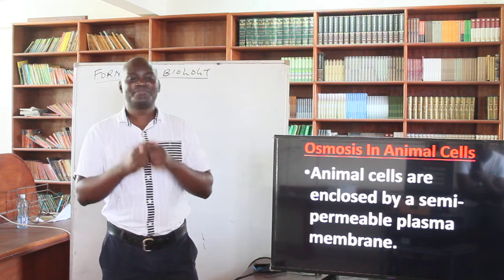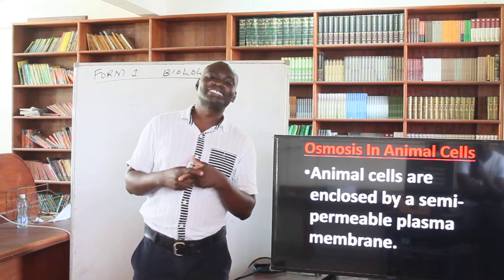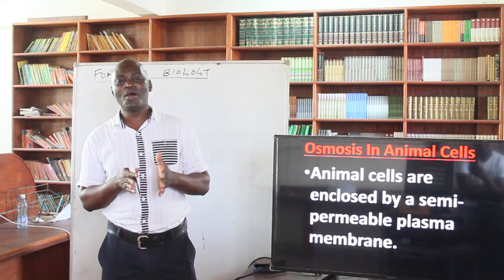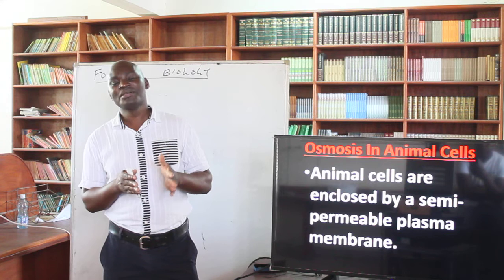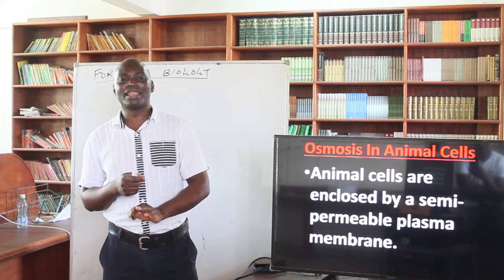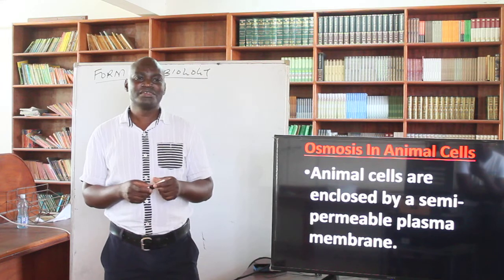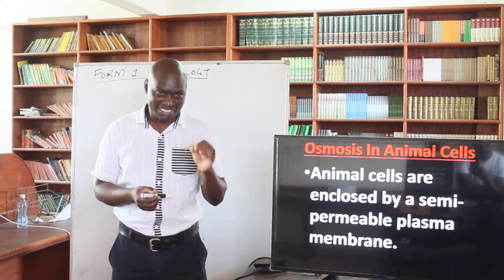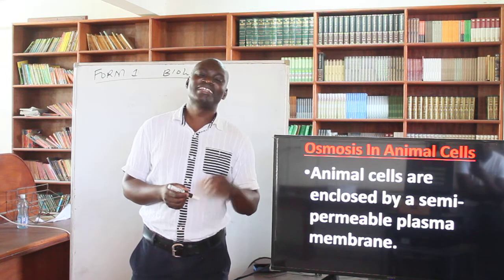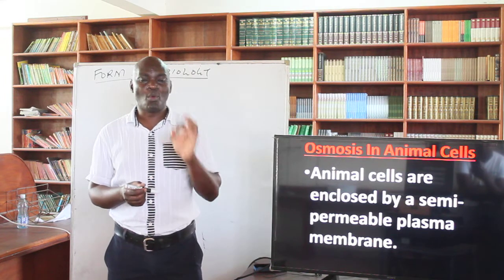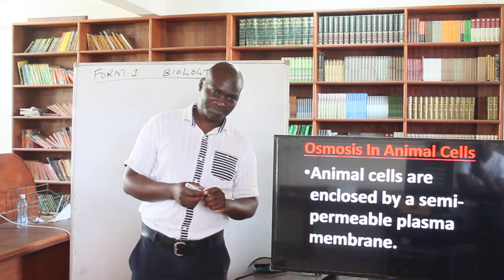Semi-permeable in that it can allow selective movement of substances into the cell and out of the cell. And remember, osmosis deals with the movement of solvent molecules. And underline that, solvent molecules, like water molecules.